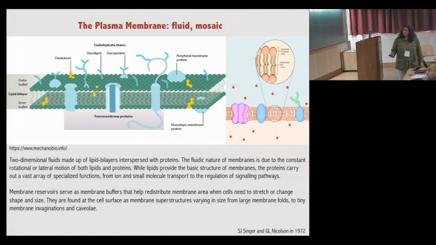So some of the contributors to membrane reservoir are these membrane superstructures that could be either large membrane folds or small invaginations, or membrane compartments that are inside the cell. All of these could help increase the area of the membrane when necessary.